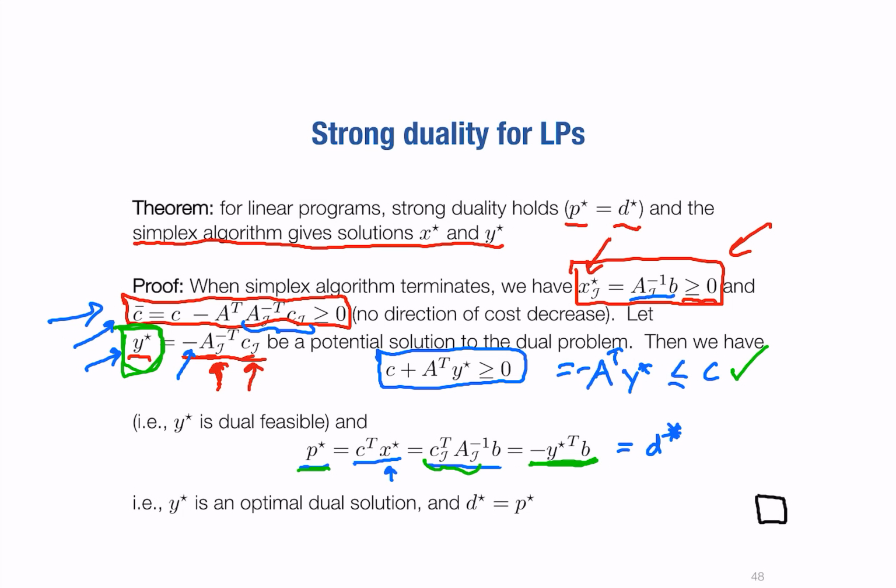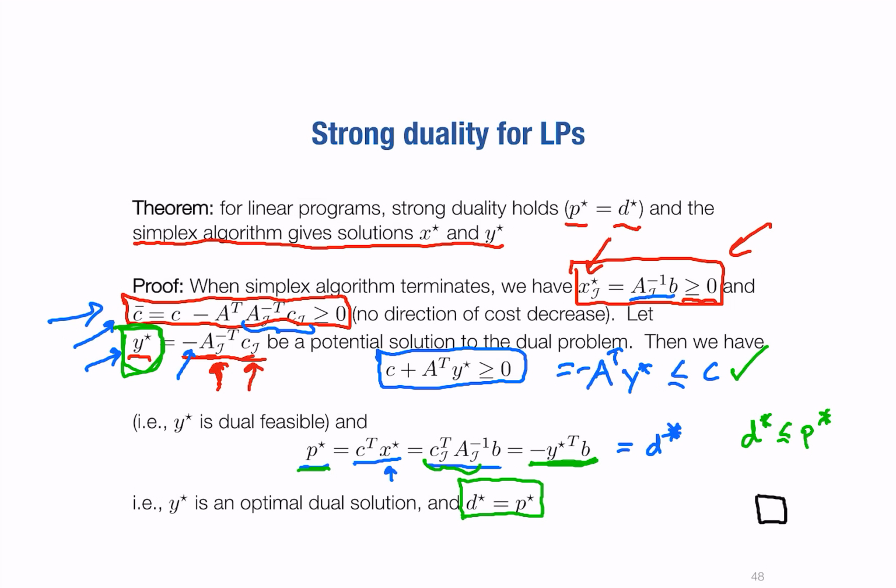So this objective value here is equal to our original objective value. We know that for any setting of our dual variables, we're always going to have d star less than or equal to p star. And in this case, we actually have equality. Because they're the same, we know that d star equals p star.